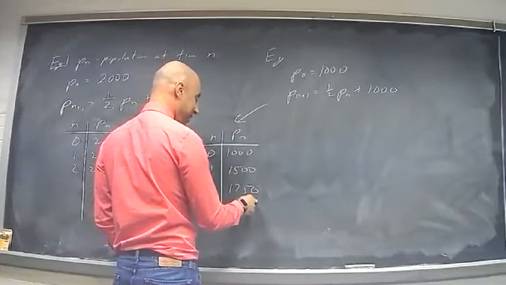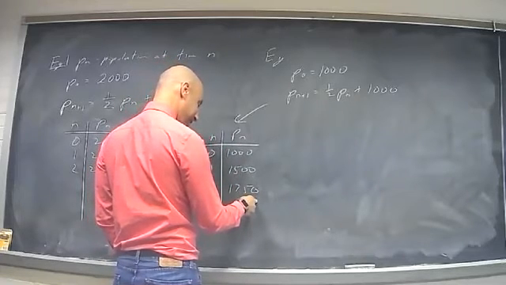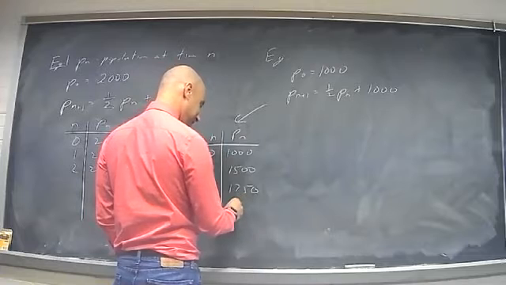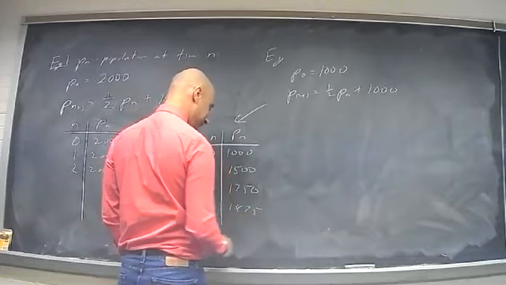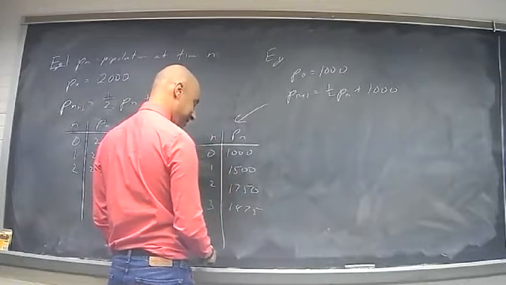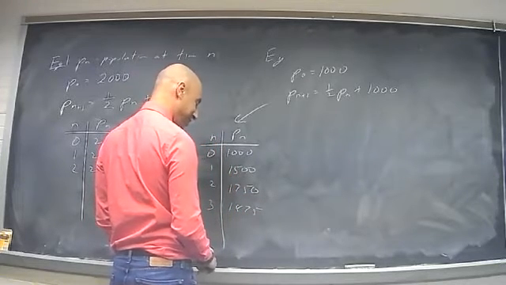1/2 of 1,750 is 875, so 1,875. After that, it goes decimal. That's okay.